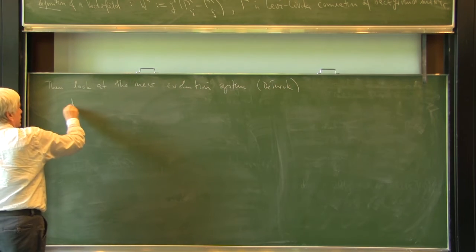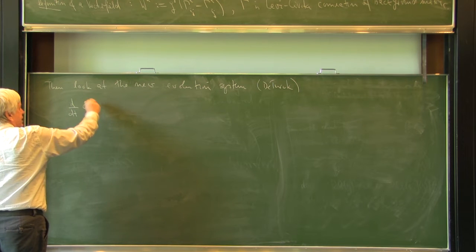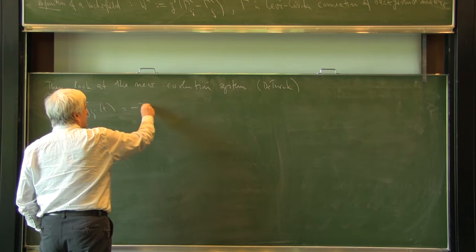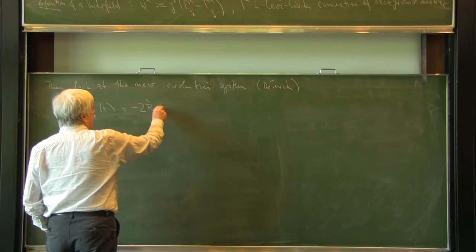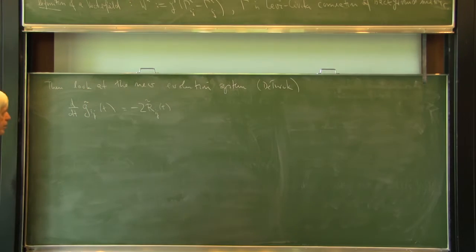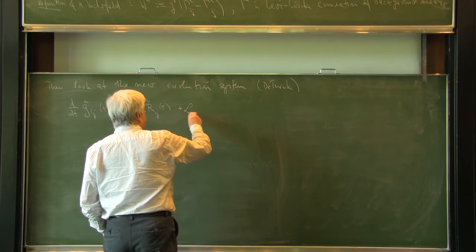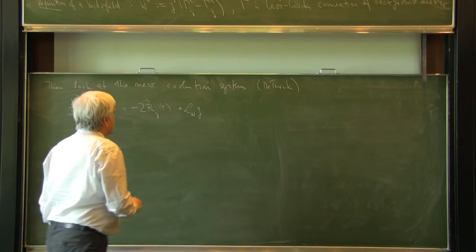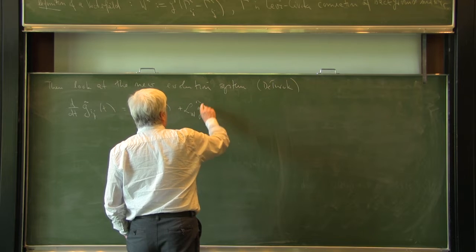We take d/dt of g tilde ij of t equals minus 2 times the Ricci tensor of the tilde metric at t, at each point, plus the Lie derivative in direction W of g tilde ij.